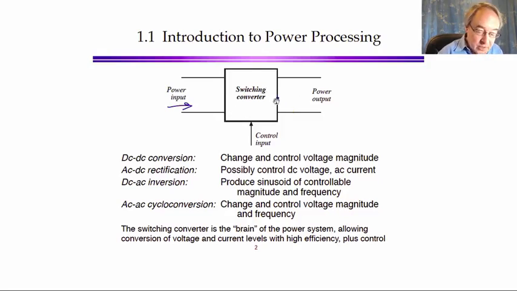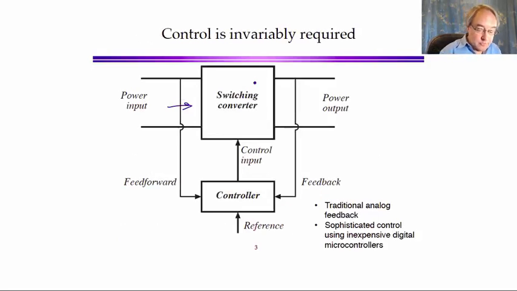In each of these, the switching converter is the key electronic power processing element, and it is composed of electronic devices as well as reactive elements, and we attempt to build this with very high efficiency. Control is invariably required. We usually want to regulate the output voltage, although we may want to control currents or other quantities.